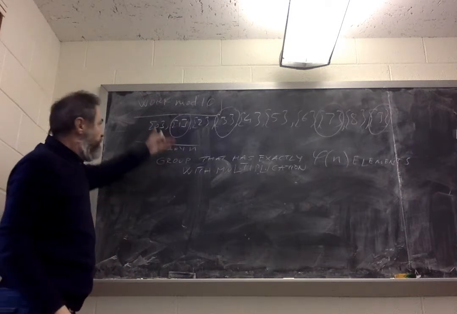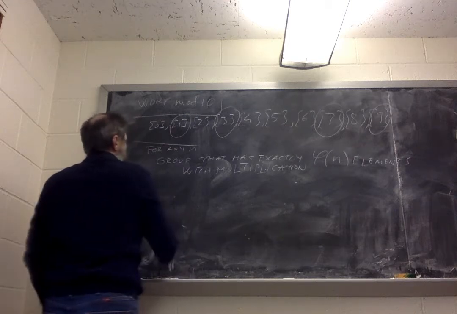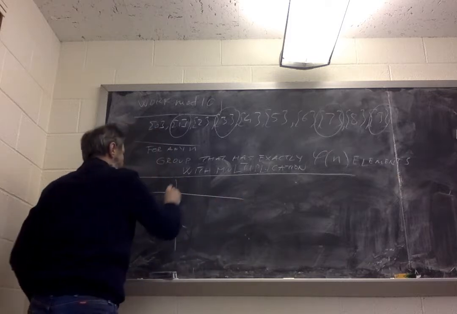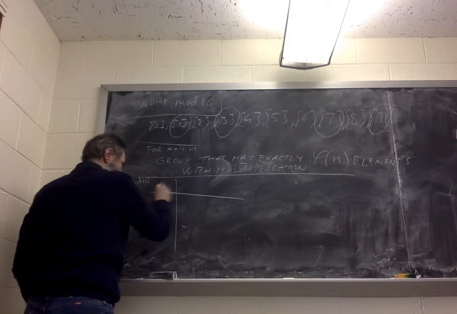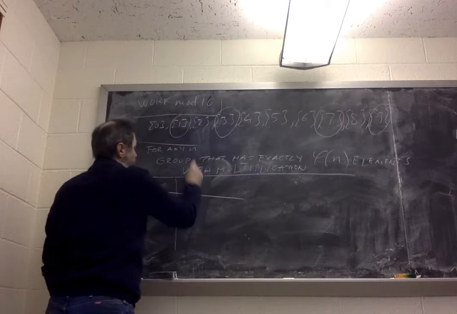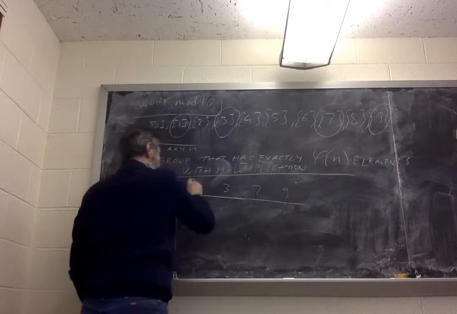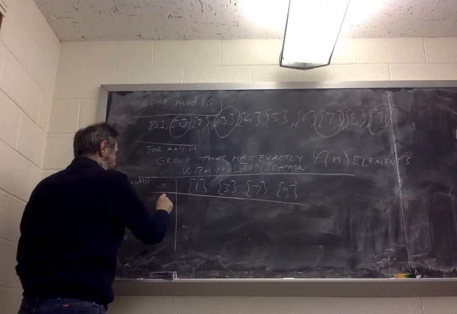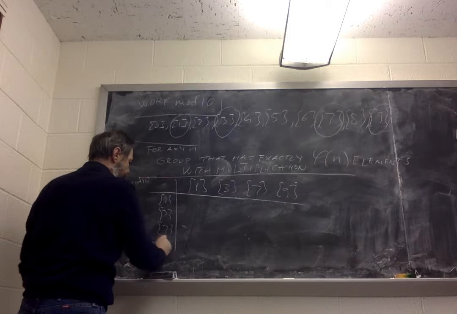So now let's see one example with 10. I look at those classes that are relatively prime. Let's make a table. Multiplication table. So this is mod 10, and we have a multiplication. The star is dot, is multiplication. Classes are 1, 3, 7, and 9.